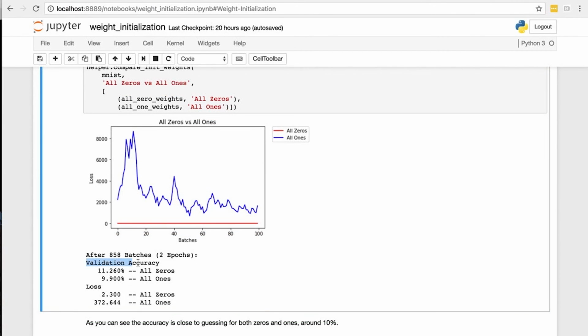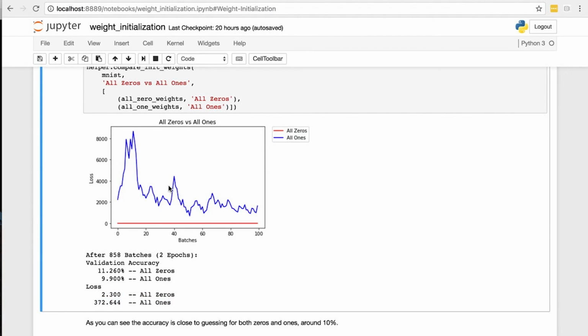Down here, we can actually see the validation accuracy. This is 11% and this is about 10%, which means that our networks are basically guessing at chance, right? Because we are choosing 1 out of 10 classes. So if you're just guessing randomly, then you're going to get about 10% accuracy. We can also see that the losses are really high, especially when everything's ones.